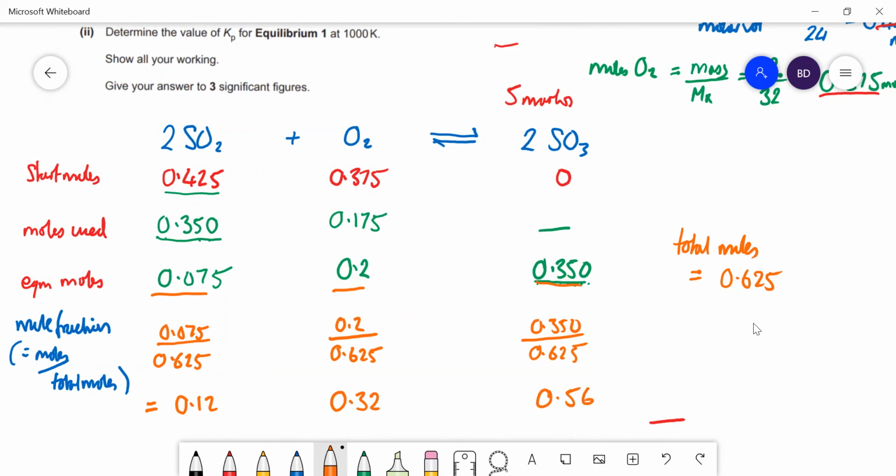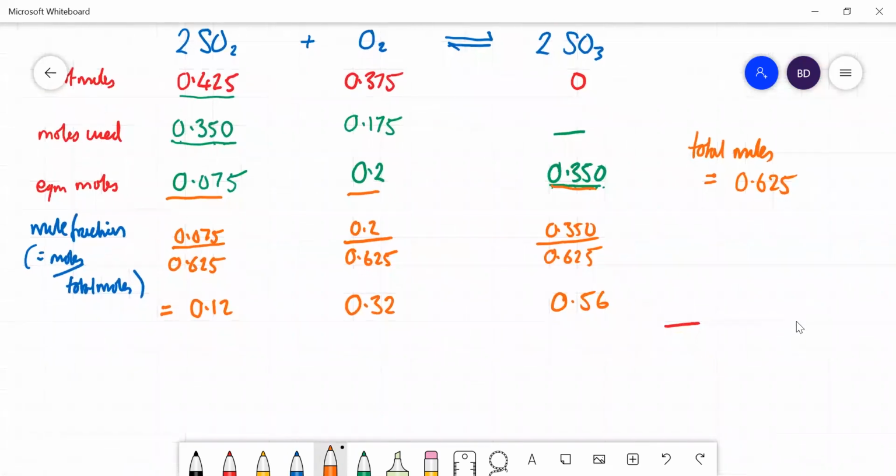Okay, so now we're in a position to work out the equilibrium pressure, the partial pressure of each of those. So the partial pressure is equal to the mole fraction multiplied by the total pressure. I'm going to call the total pressure P there, and we're going to cancel some of them out, so I'm not actually going to work it out here.